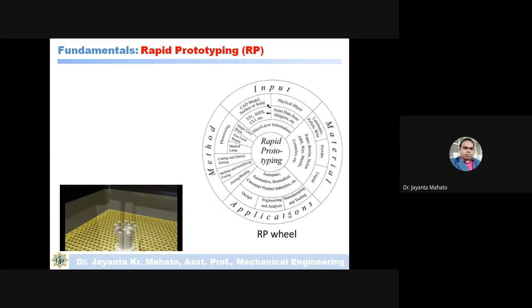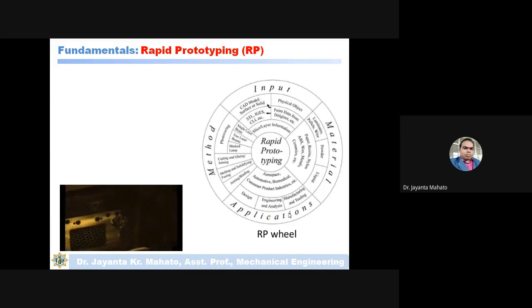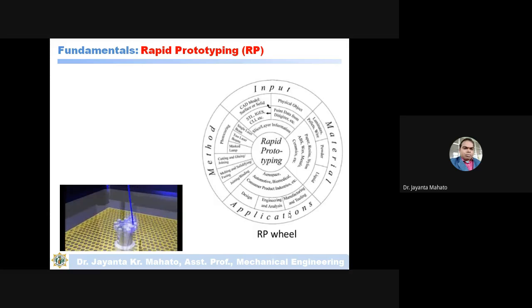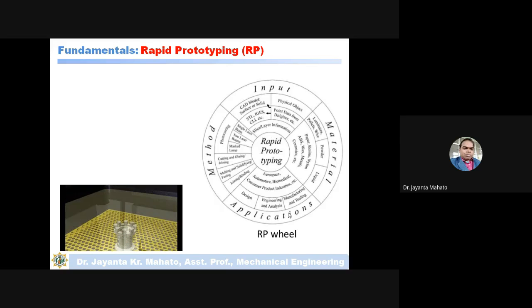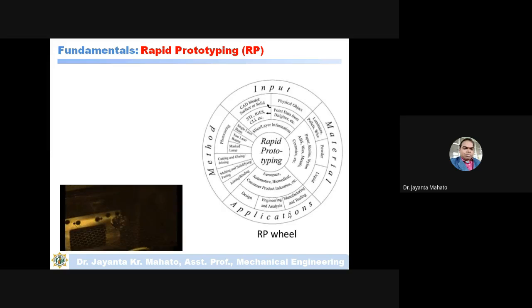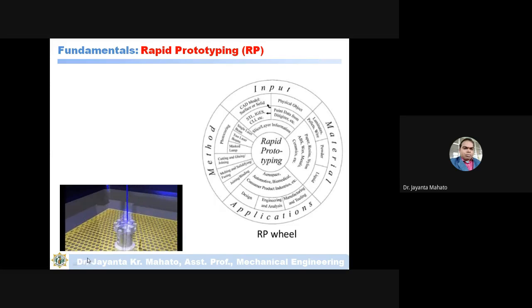So these are the fundamentals of rapid prototyping. This rapid prototyping involves four parameters: input, materials, applications, and methods.